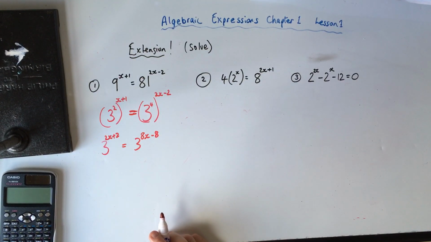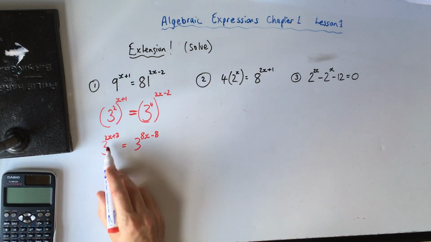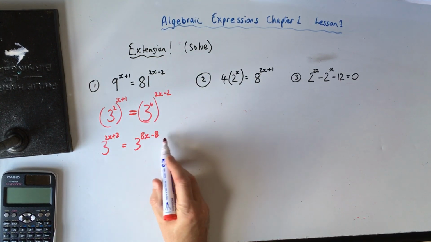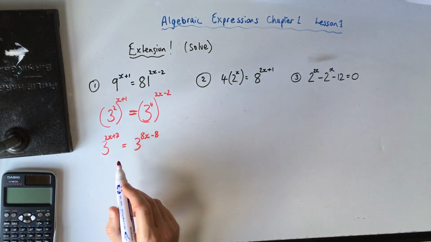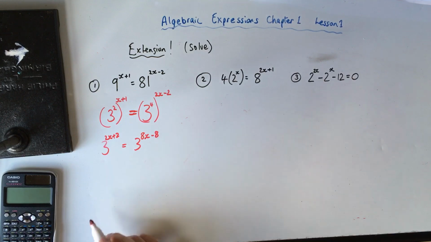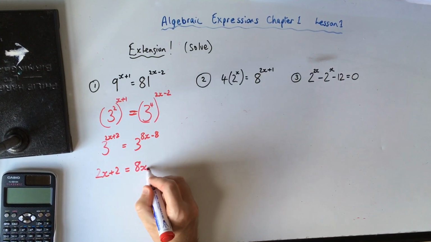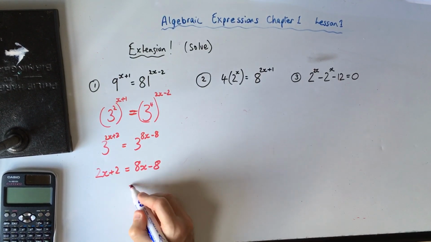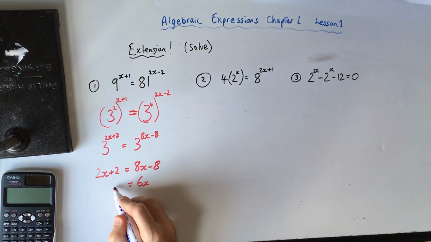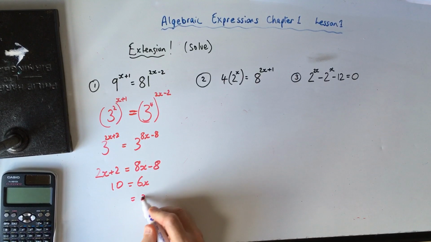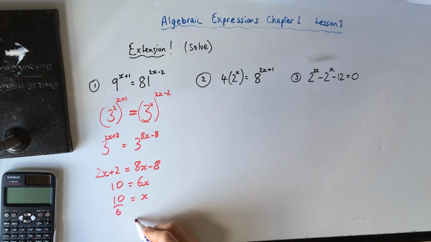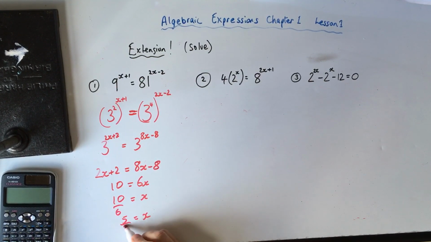Then of course 3 to the 2x plus 2 equals 3 to the 8x minus 8, so we can then say 2x plus 2 is equal to 8x minus 8, and then take 2x, so we get 6x is equal to 10, and divide by 6, x is equal to 10 over 6, and cancel down, x is equal to 5 over 3.